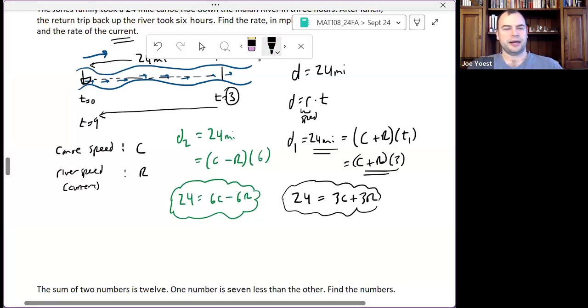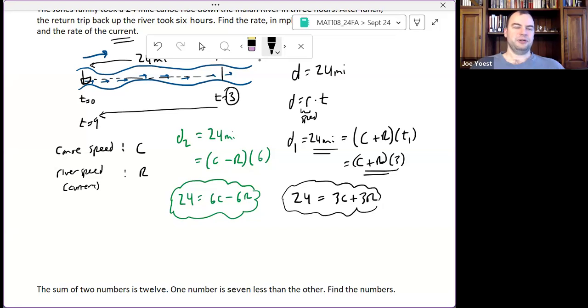I know that practically speaking, my canoe speed has to be greater than the current, right? If the current was 10 miles an hour and my canoe speed was like 5 miles an hour, when I'm fighting against the current, I would never get back to where I started. So I know that the canoe speed has to be bigger than the river speed.